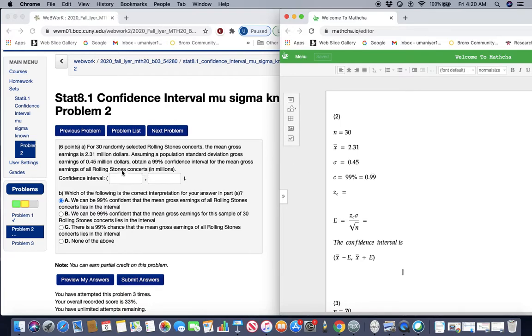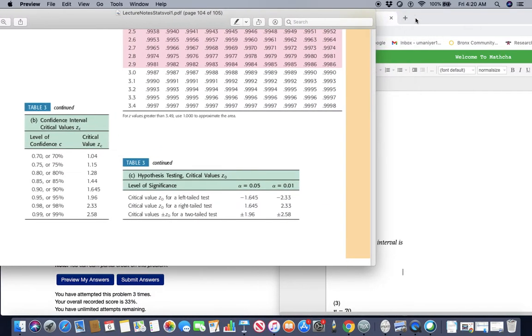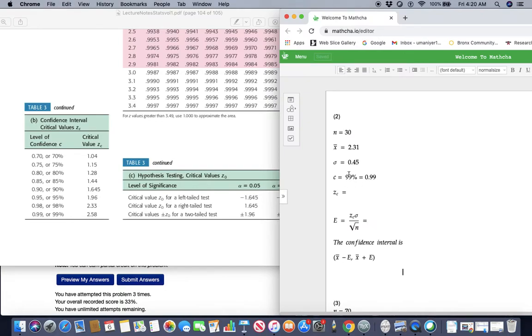So you want the interval. This is the interval you're looking for, and this is the maximal error you want to compute. For this formula you need a z c, and z c is given for this c. So let's look for the critical value for 99% confidence level. That's the critical value, 2.58.